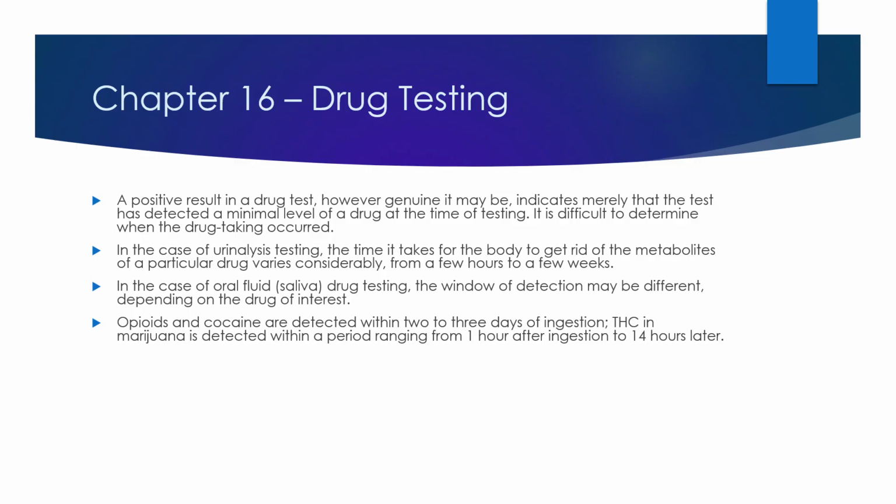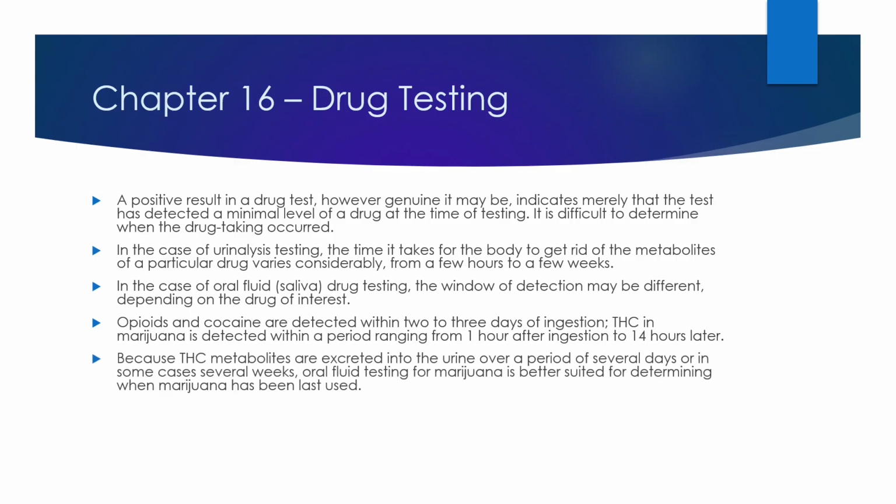Opioids and cocaine are detected within 2 to 3 days of ingestion. So that's a 2 to 3 day window in which you're going to pick those up. THC in marijuana is detected within a period ranging from 1 hour after ingestion, a fancy word for using the drug, right, taking the drug, to 14 hours later.